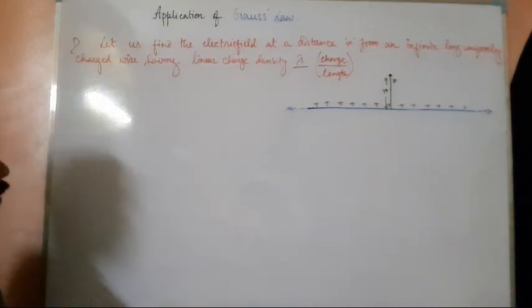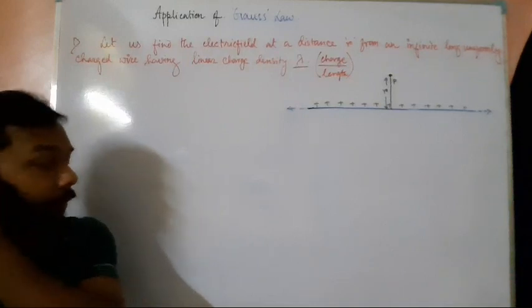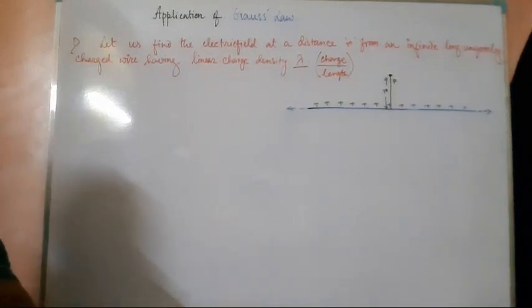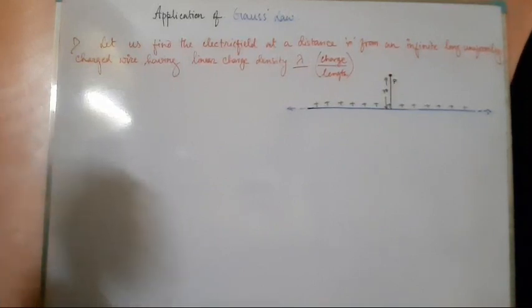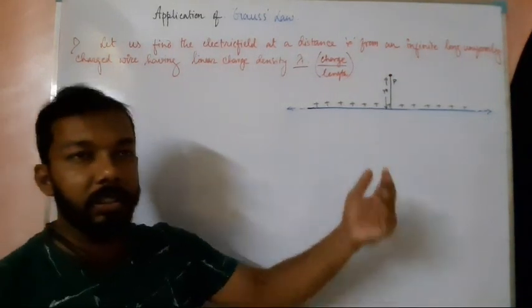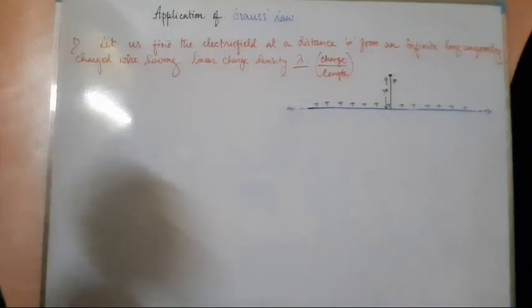First, what kind of surface should it be? Obviously, the Gaussian surface has to be a closed surface. Then, the Gaussian surface should be chosen according to the symmetry of the charge distribution. What do we mean by according to the symmetry of the charge distribution?